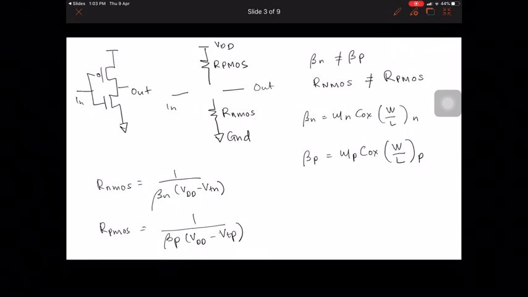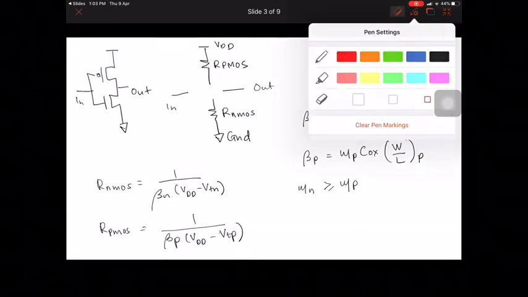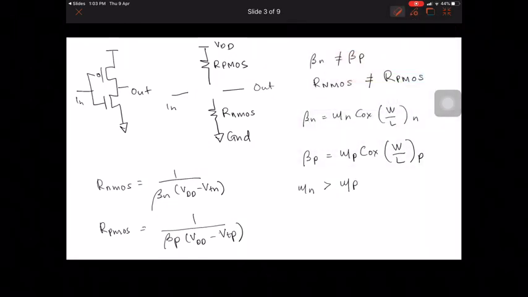Okay, so now the mobility of electrons is much higher than the mobility of holes, and usually the mobility of electrons is about 2 times the mobility of holes.